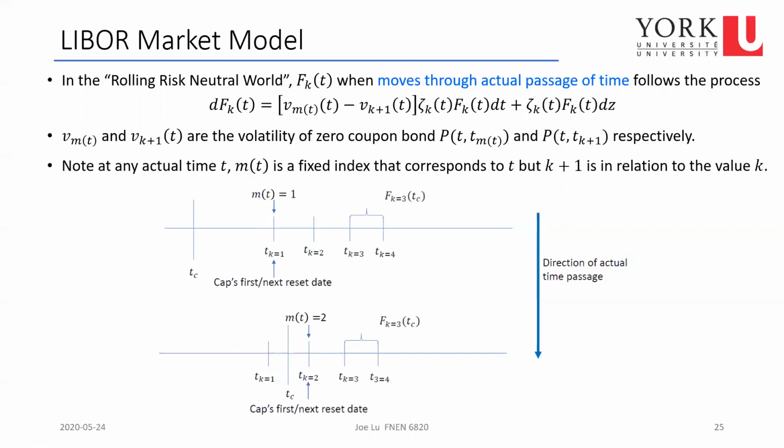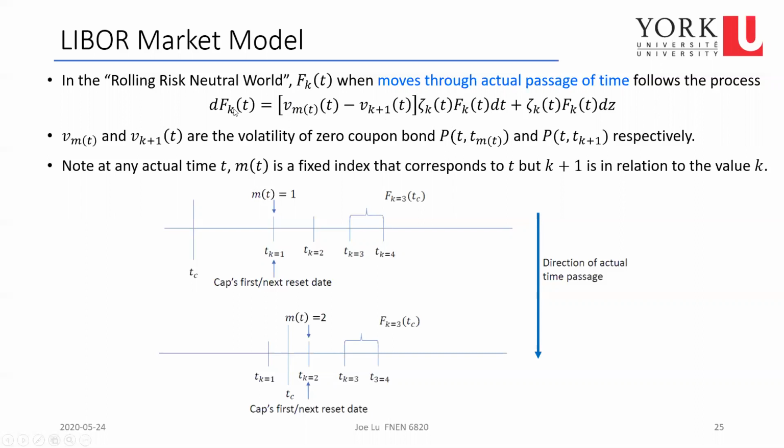But if m is equal to 2, for example, then F3T would not follow a martingale process because this term is not 0.